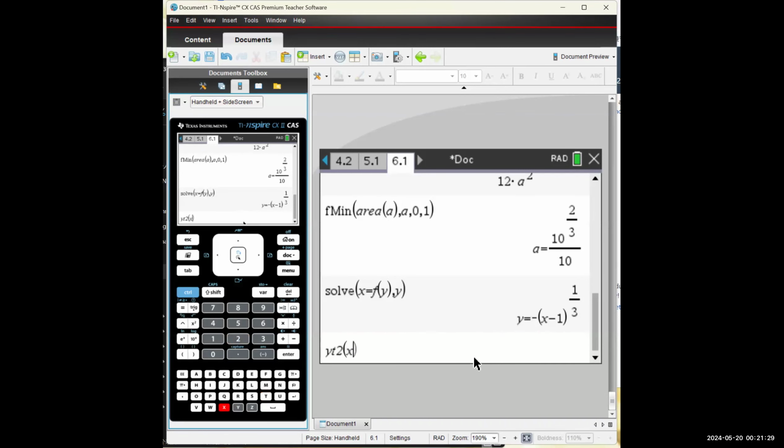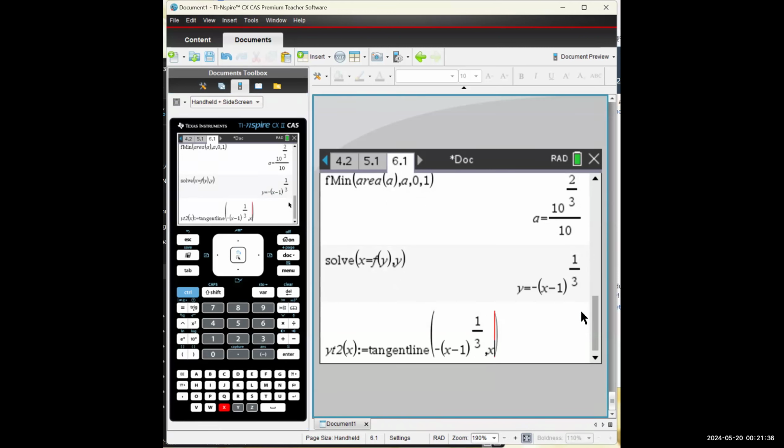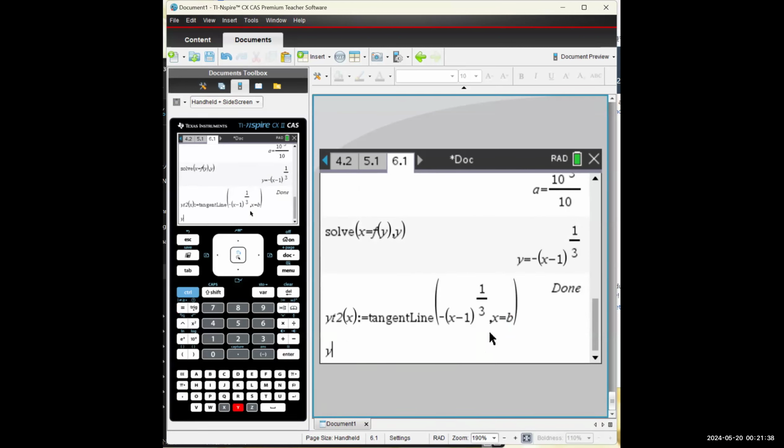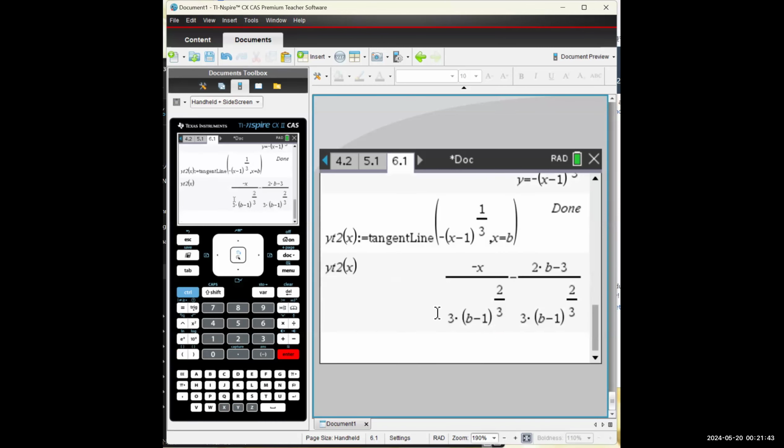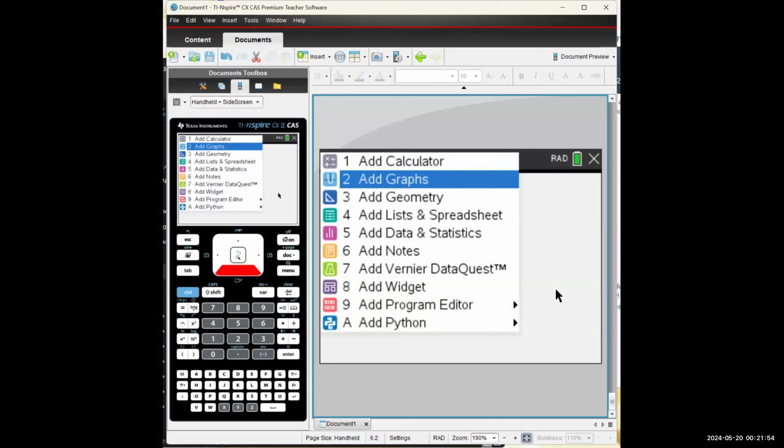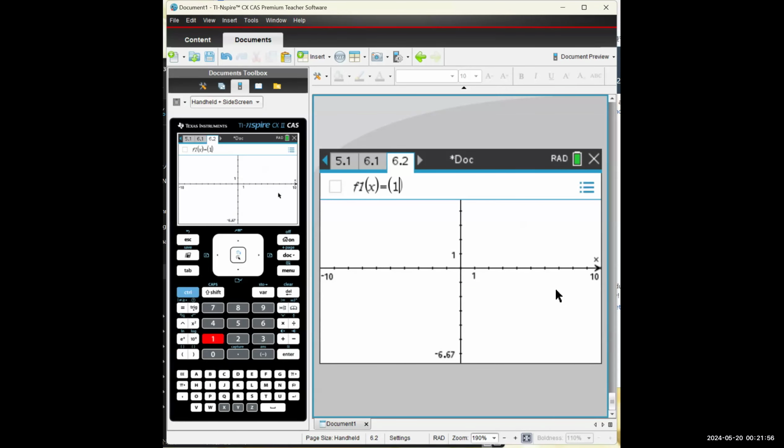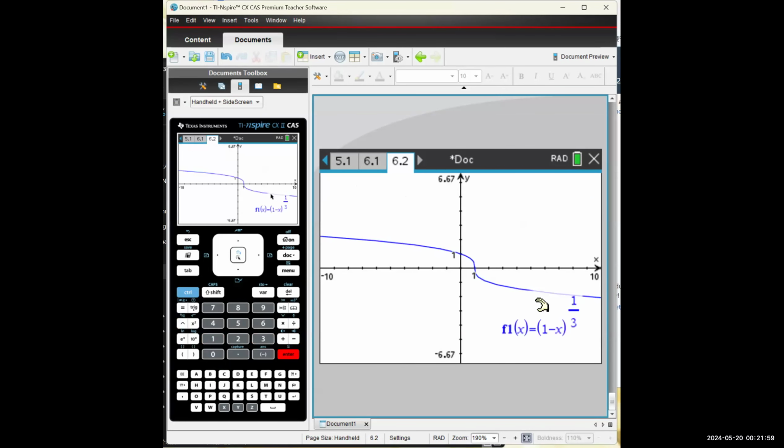Let's define the tangent line at x equals b. So the tangent line is actually this guy here, okay? Now, this graph with b from 0 to 1. If I'm plotting the graph here, 1 minus x to the power 1/3, this is the inverse function.